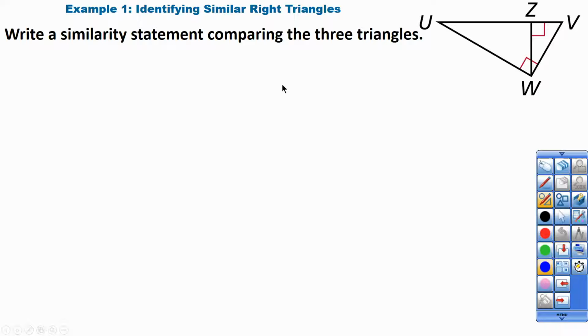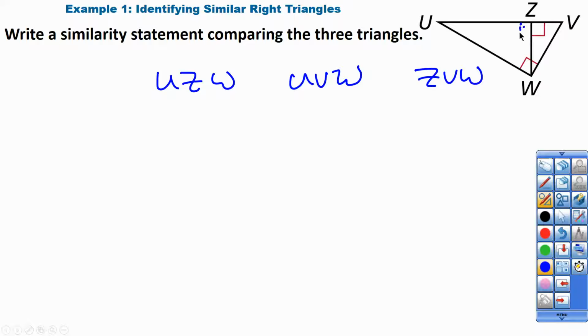We have UZW, and then you have UVW, and then you have ZVW. But we're going to need to make sure that we write these correctly. All right. So UZW did not end.